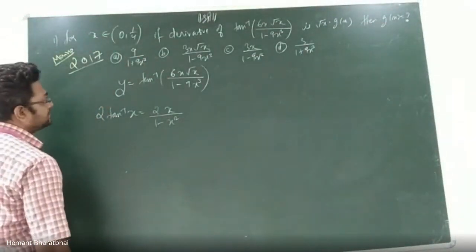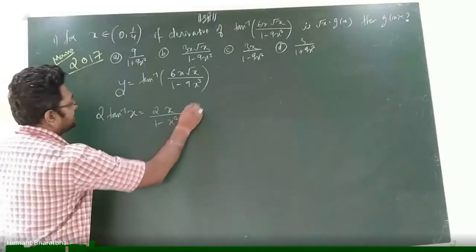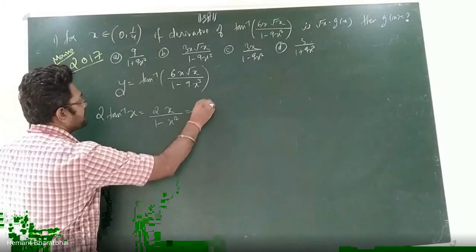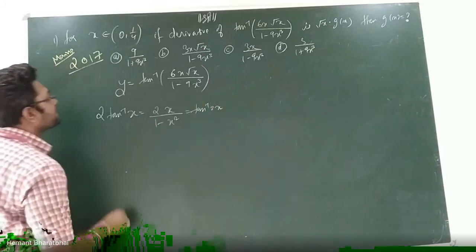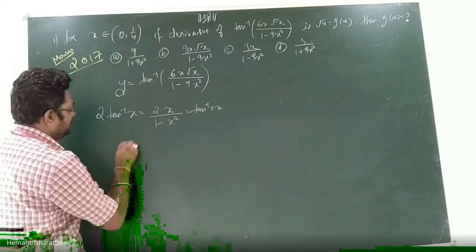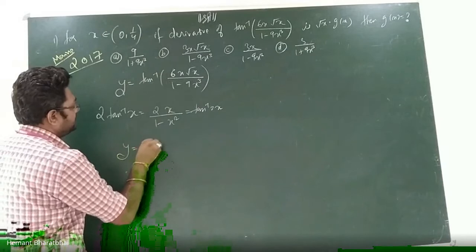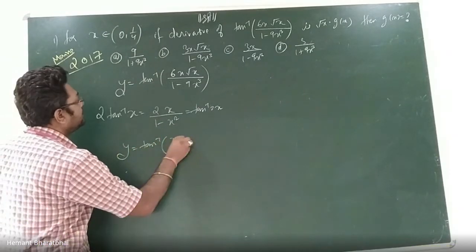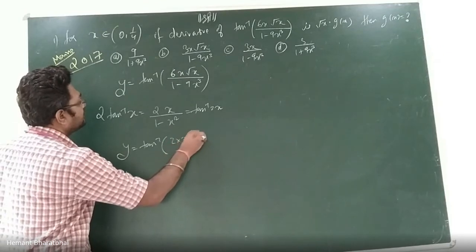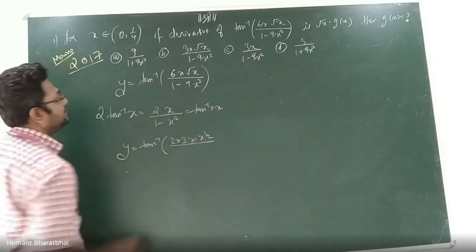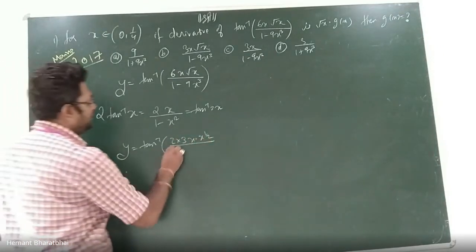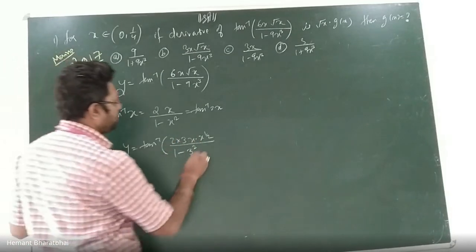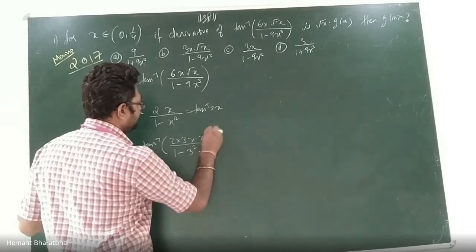So that is what I'm going to do, which can also be written as tan inverse of 2x. So y is equal to tan inverse of 2 into 3 into x. Root x can be written as x raised to 1 by 2. 9 can be written as 3 square into this x cube.